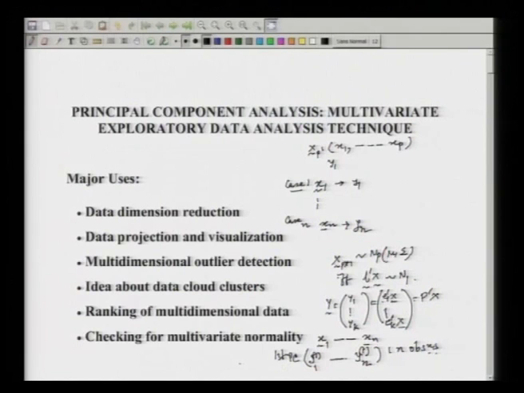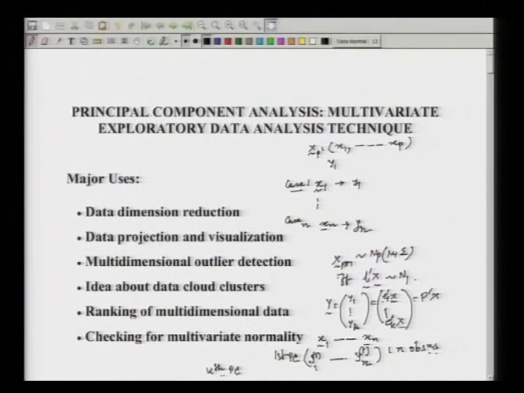Similarly, you go on checking up to the kth principal component, each a sample of size n from a univariate normal distribution. If all these are satisfied, we can believe that these observations are coming from a multivariate normal population. If one of them is not satisfying univariate normality, we may say that this data x 1, x 2, x n may not come from a multivariate normal population.